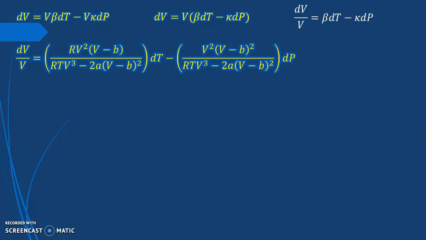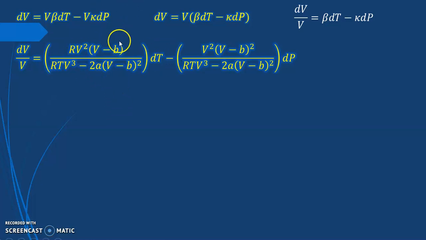So now we need to do some algebraic operations in order to get a simple expression and integrate that expression. And finally, we'll get the state equation that we are looking for.